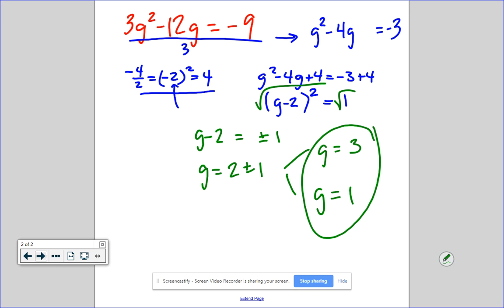Questions on completing the square? An example of one for completing the square.